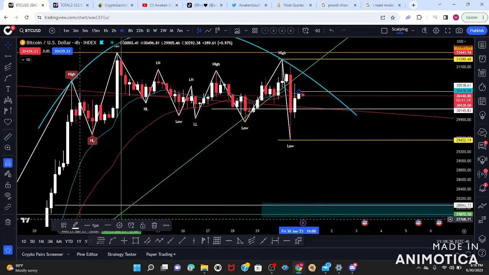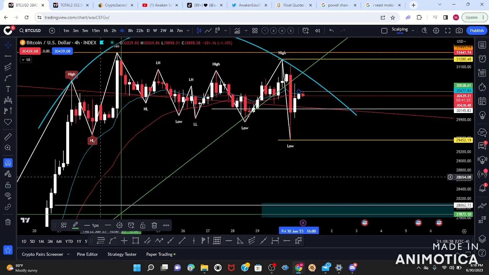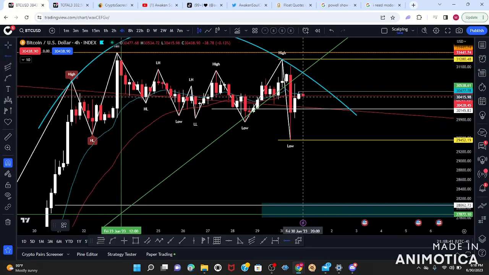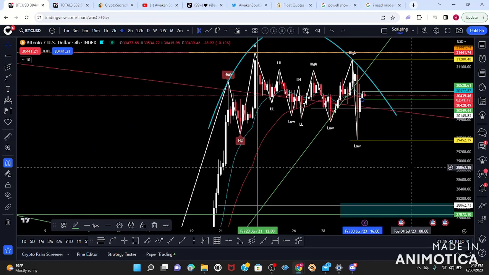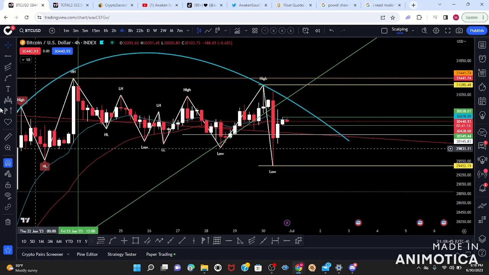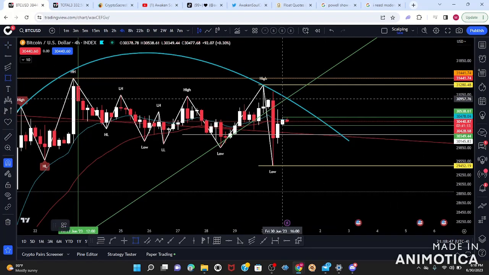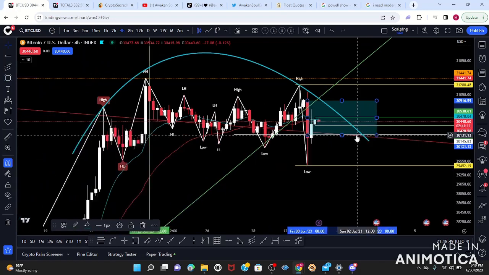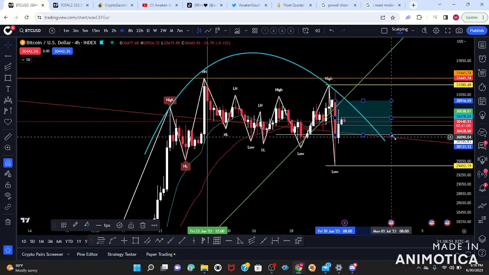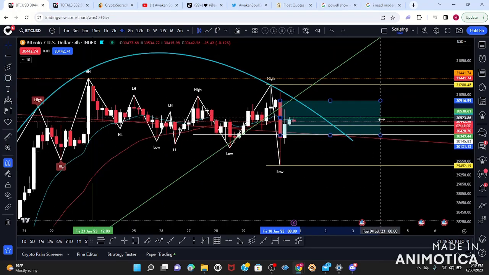I would say most weekends are slow with sideways action. So what's not to say that's going to keep us within this range till Monday, even Tuesday, because 4th of July is Tuesday. So let's go to Wednesday.